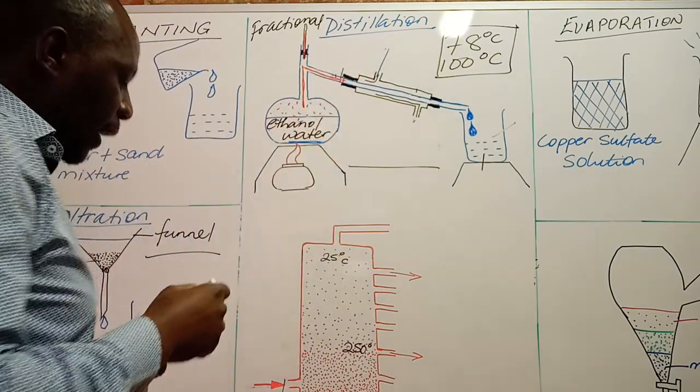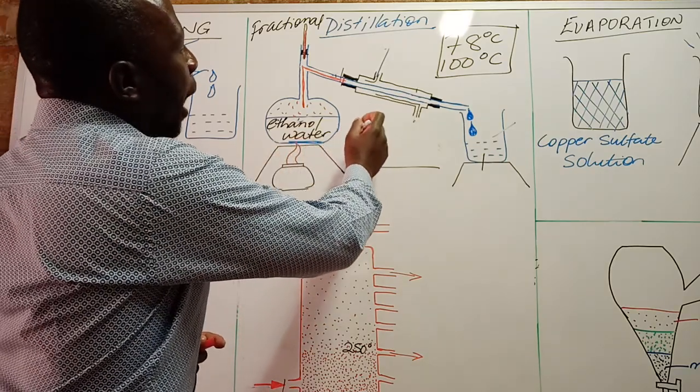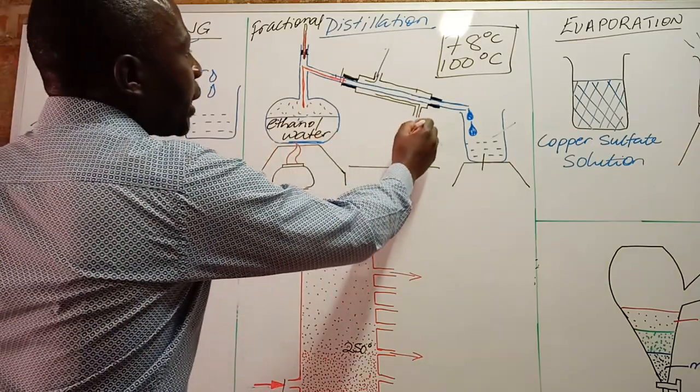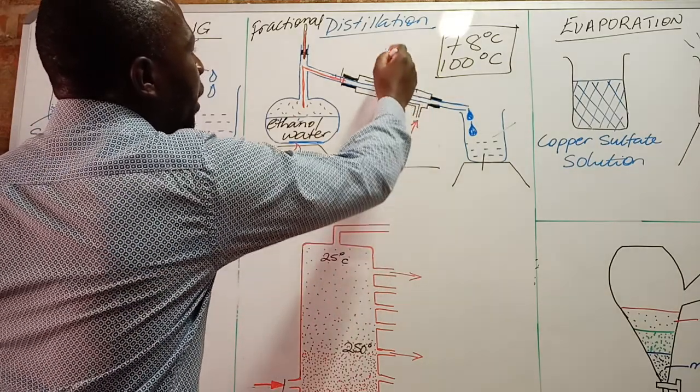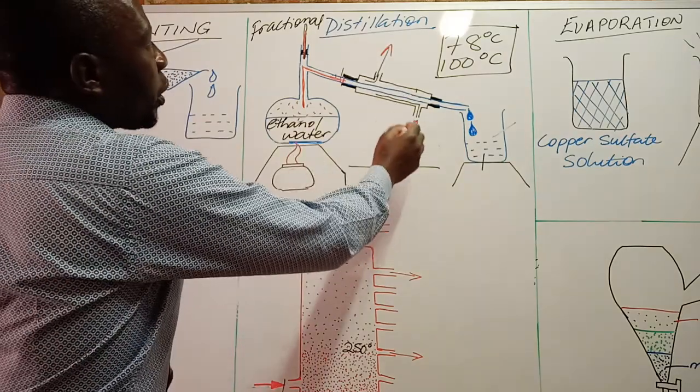Now, when they take that path and reach the condensing apparatus, they meet a cold temperature. So still our water is being pumped in there and pumped out there. So this water is cold.